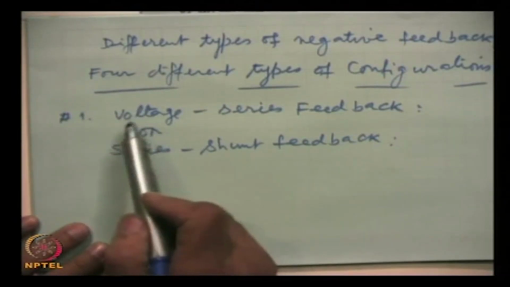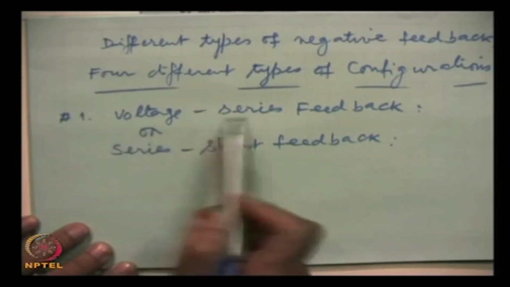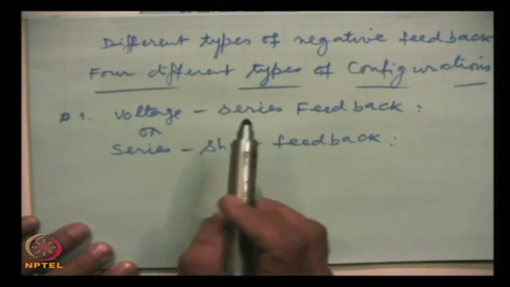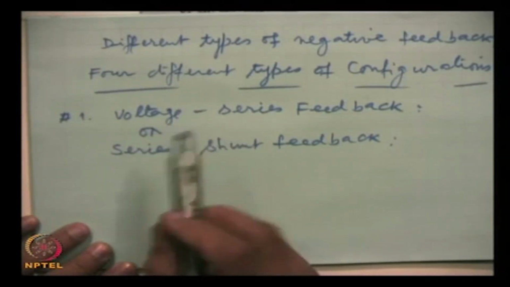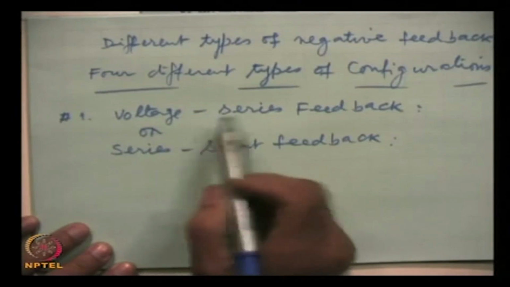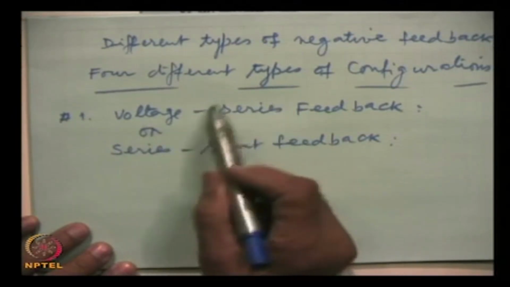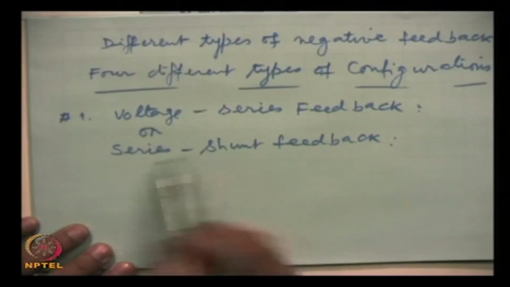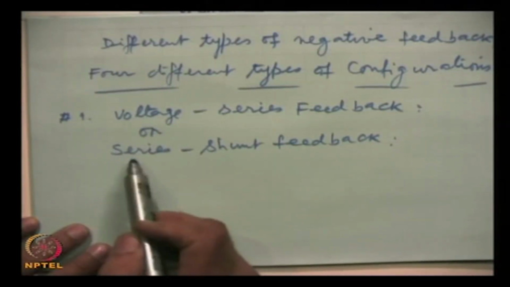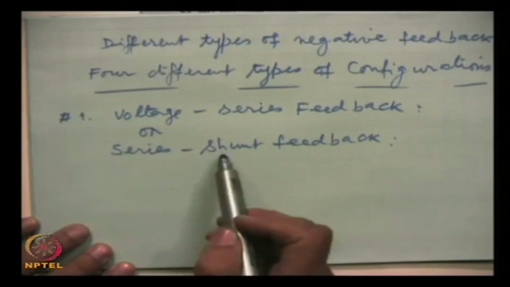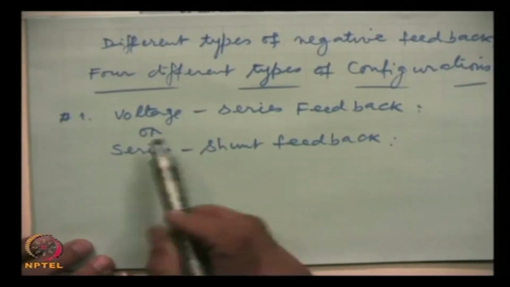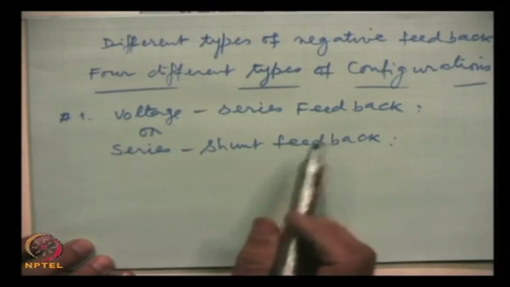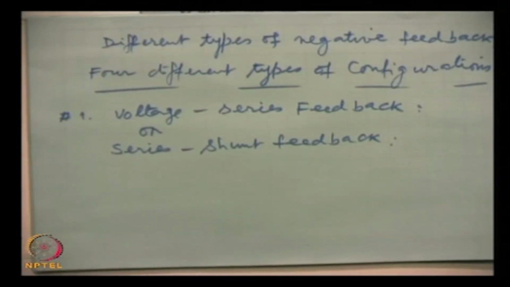So, it is voltage or current feedback, but how we mix that signal at the input, in series or shunt. So, this is for the input side, this is for the output side, while in this nomenclature, this is the input side, this is the output side. Now, for voltage series feedback, this connection is this.